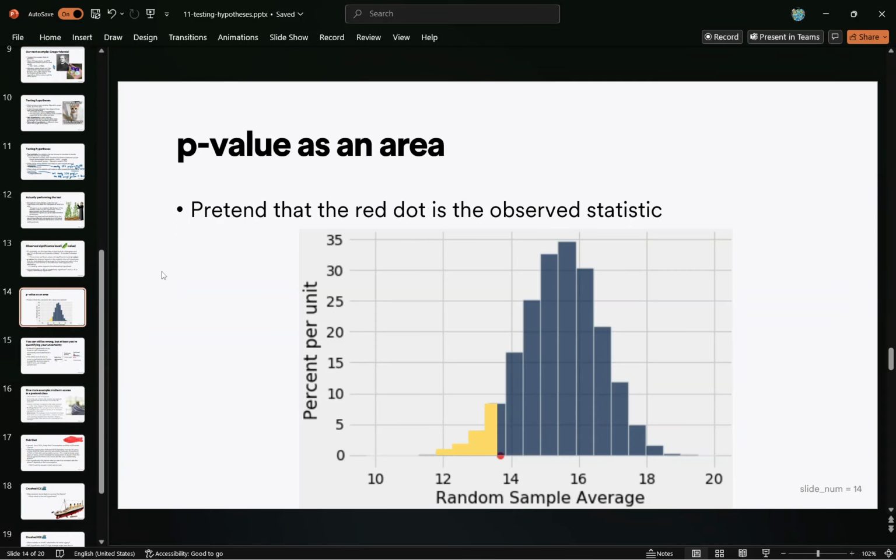Another idea is that you can think of a p-value as an area. If you've taken a calculus class, pretend the red dot is what we saw. The alternative would be supported if it was less than rather than greater than this. So you can think about how often it was this or anything smaller that would cause me to think the model was wrong.